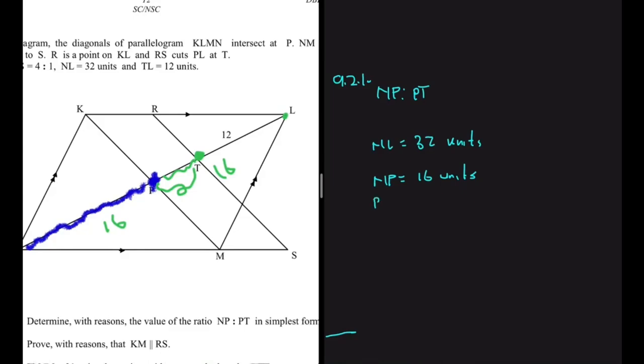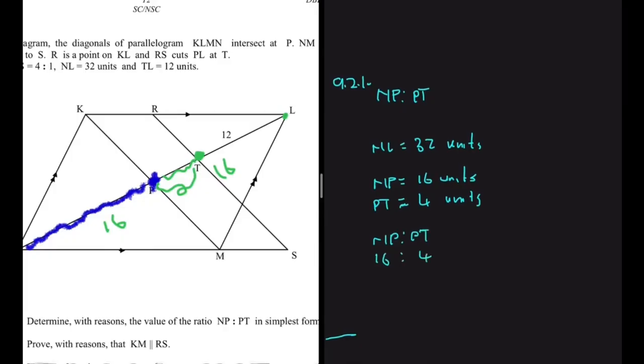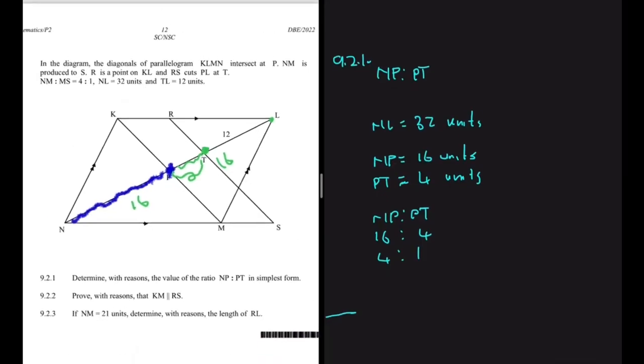So now it will be easy to see that NP to PT is 16 to 4. But then if we simplify 16 to 4, we get 4 to 1. So that is the ratio of NP to PT in its simplest form, right?